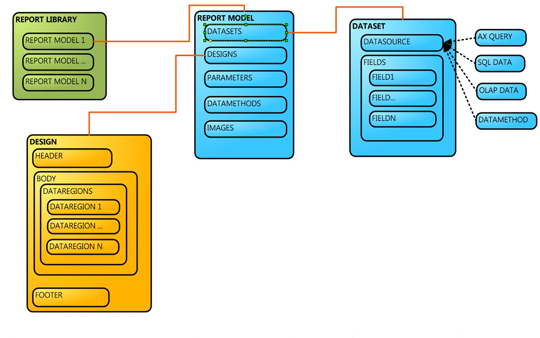If I define a parameter called foo here, all the designs will use that parameter foo. You can't even not use it. It's defined across all the designs. If I define a data method, it can be used by the designs, the data sets, the parameters, etc. Images are shared across everything. That's important to realize, because later on you'll see how it saves you time when you want to share things.